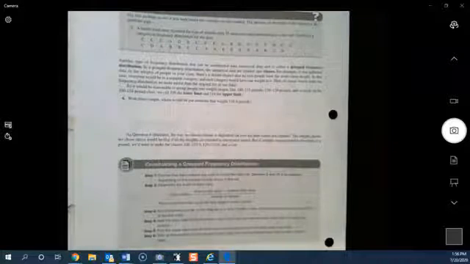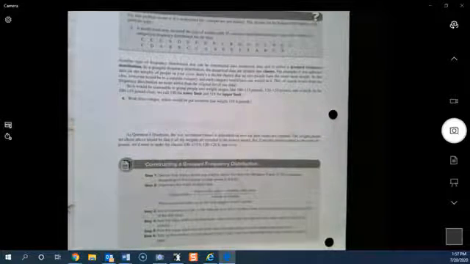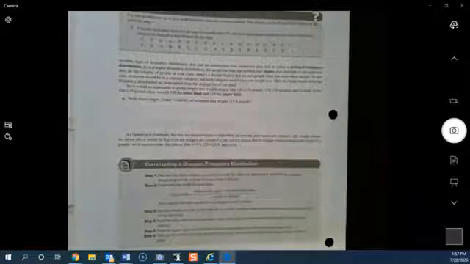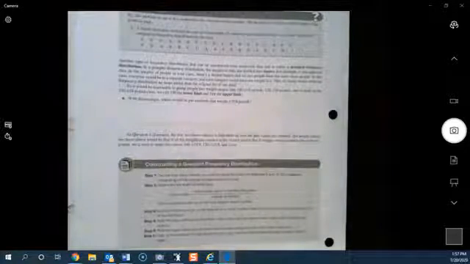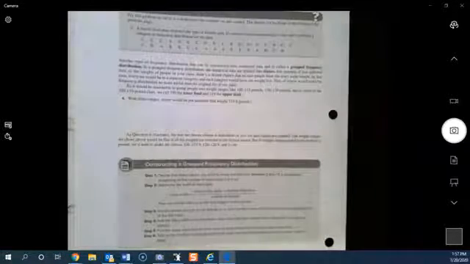So it would be reasonable to group people into weight ranges like 100 to 119 pounds, 120 to 139 pounds, and so forth. In the 100 to 119 pound class, we call 100 the lower limit and 119 the upper limit. So number 4, with these ranges, where would we put someone that weighs 119.8 pounds?